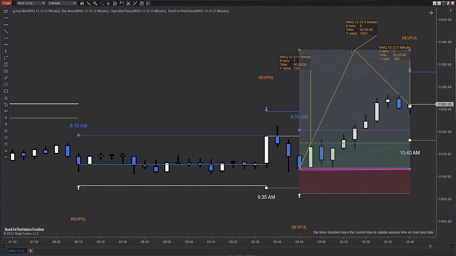Yeah, so your trailing drawdown is going to be 500 ticks closer. So we got to measure this 500 ticks closer, wherever that is.